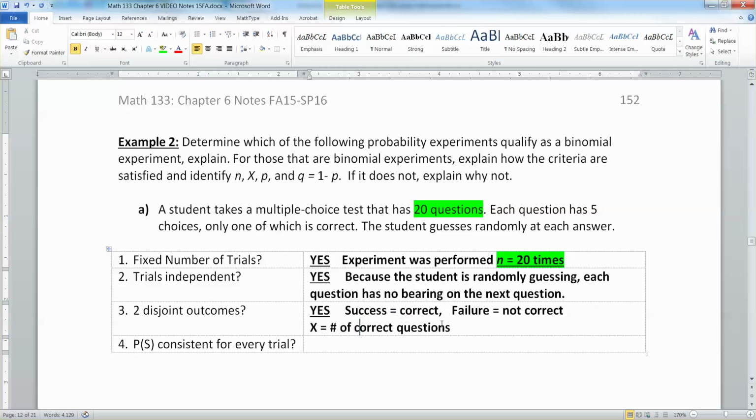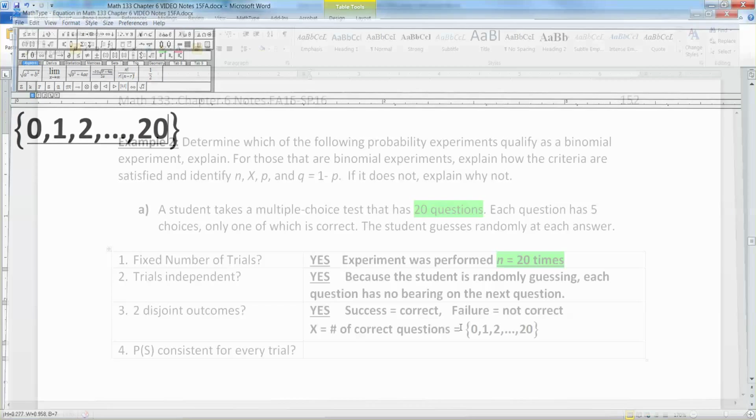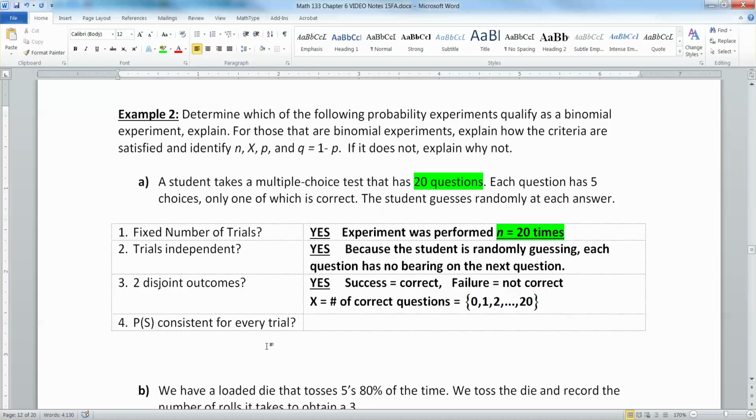How low could it go? Well, it could go as low as 0, and then 1, 2, all the way up to, technically it's possible to get all 20 right just by randomly guessing. However, the probability of it is extremely, extremely low.